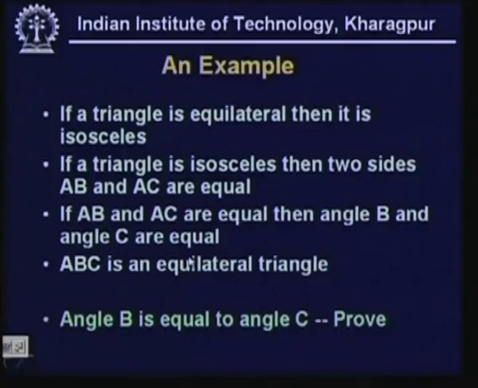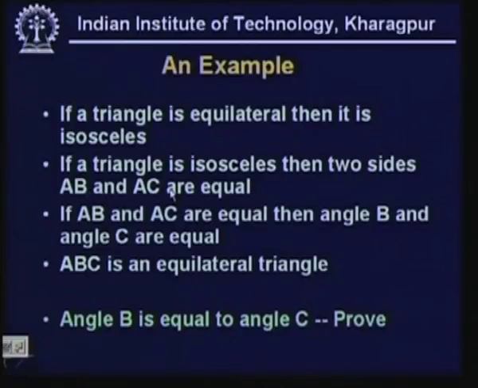Let us take an example. If a triangle is equilateral, then it is isosceles. That is told to you. It is a rule, a geometric theorem, which somebody had already proved. And again, if a triangle is isosceles, then two sides AB and AC are equal.